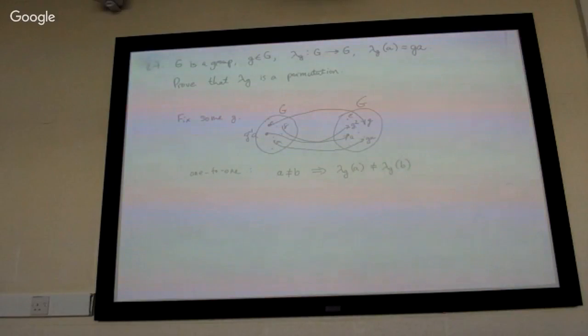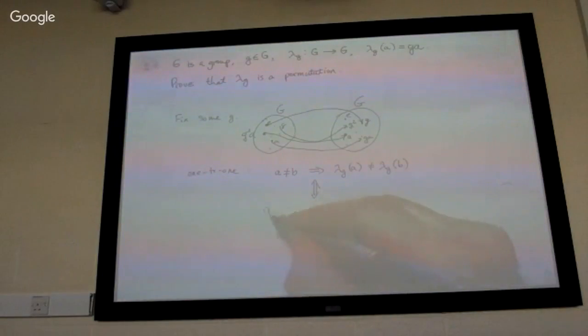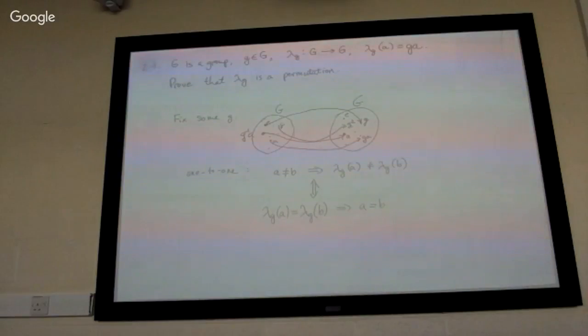That's the definition of one-to-one. You can't take two different elements and map them to the same element. Or this is actually equivalent, taking the contrapositive: lambda g of a equals lambda g of b implies a equals b. These two implications are equivalent in logic, which you should know from your first year.